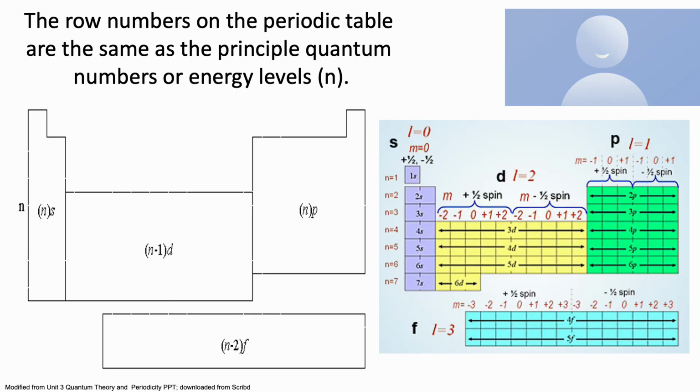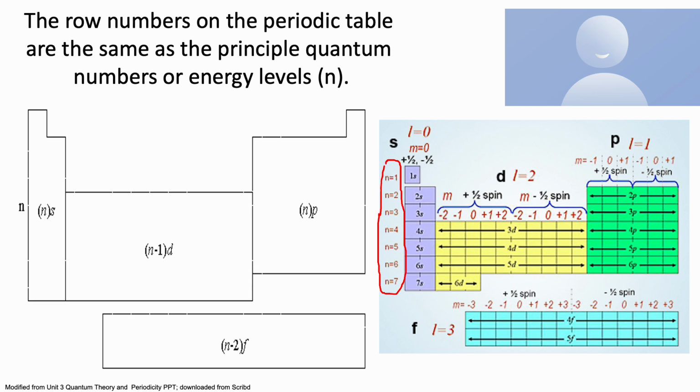All right, guys, if you do not have your periodic table in your hands right now, pause the video and go get it, because we are going to talk about your periodic table a lot in these next few slides, and it's just really helpful. So your row numbers over here on the side of your periodic table are that first principal quantum number, your energy levels.